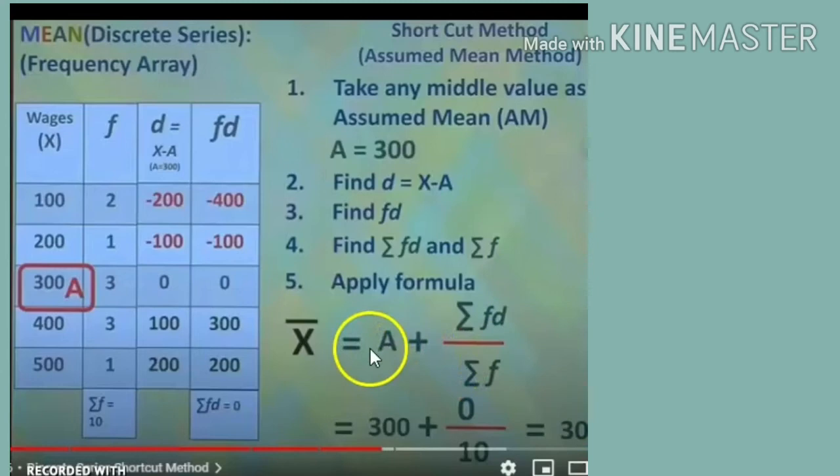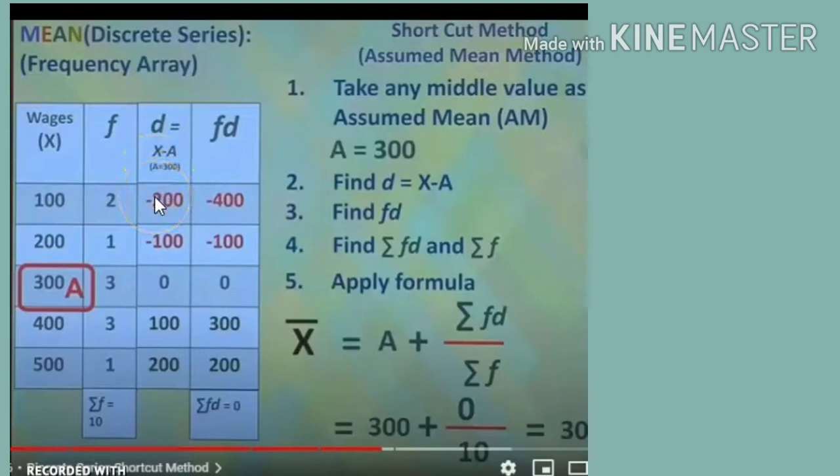So here the formula is a plus sigma fd by sigma f. Take any mid value as the assumed mean. First step: we are taking 300 as the assumed mean, and find d equal to x minus a, where a is the assumed mean.